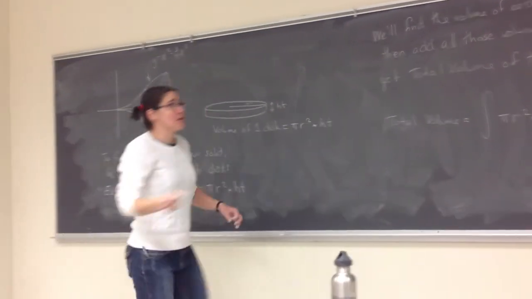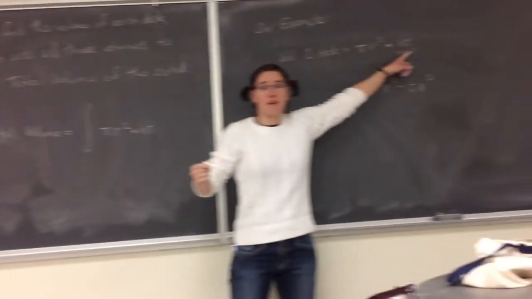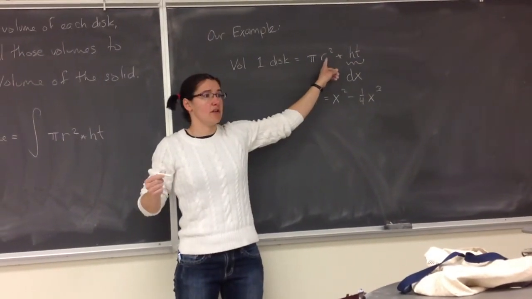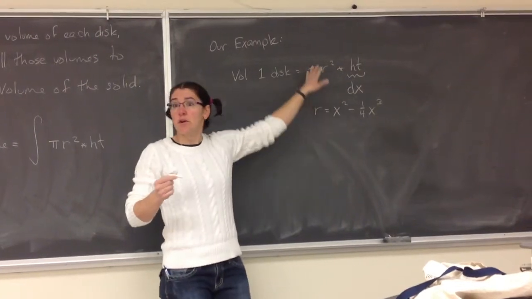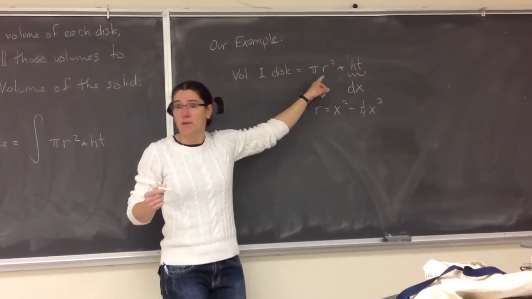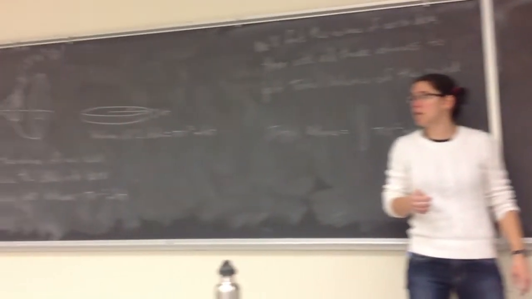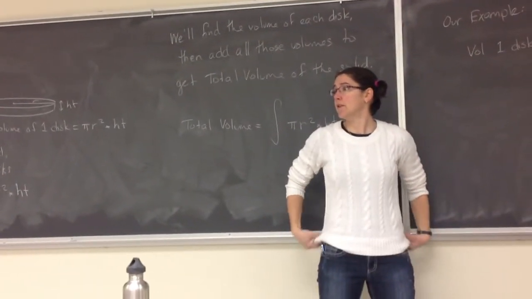All right, are there any questions about identifying the height or the thickness of our disk and the radius of our disk? Would the radius be squared too? That's right. This is just r, and then we're going to actually square it. And then wouldn't you indirectly think of the height as dr, sort of?